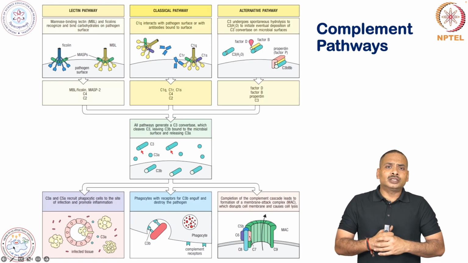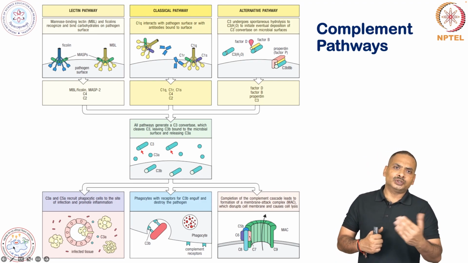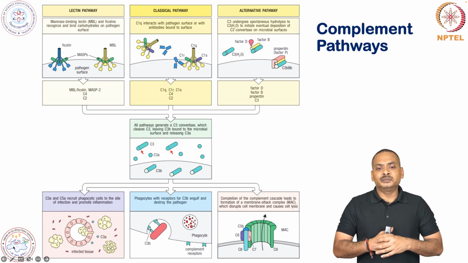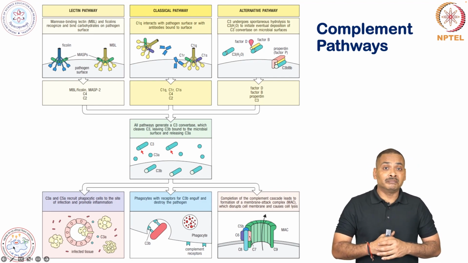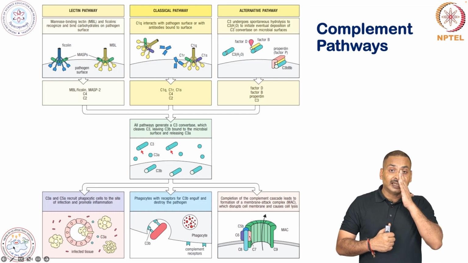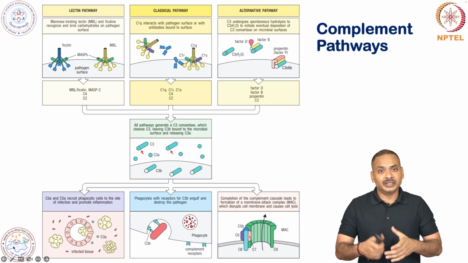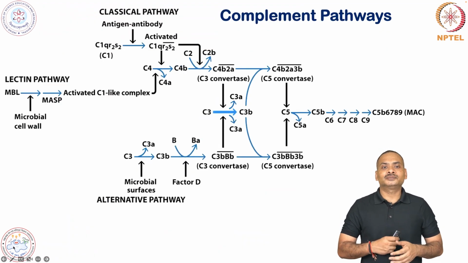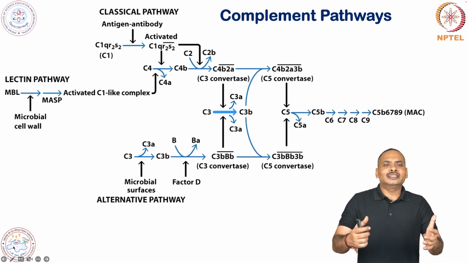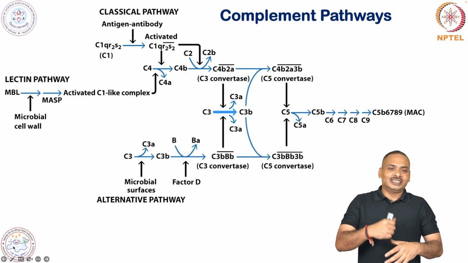The third outcome, which I showed you in the previous slide, is the formation of the membrane attack complex, which makes a pore in the target cells. Here this is a little more complex and less interactive.